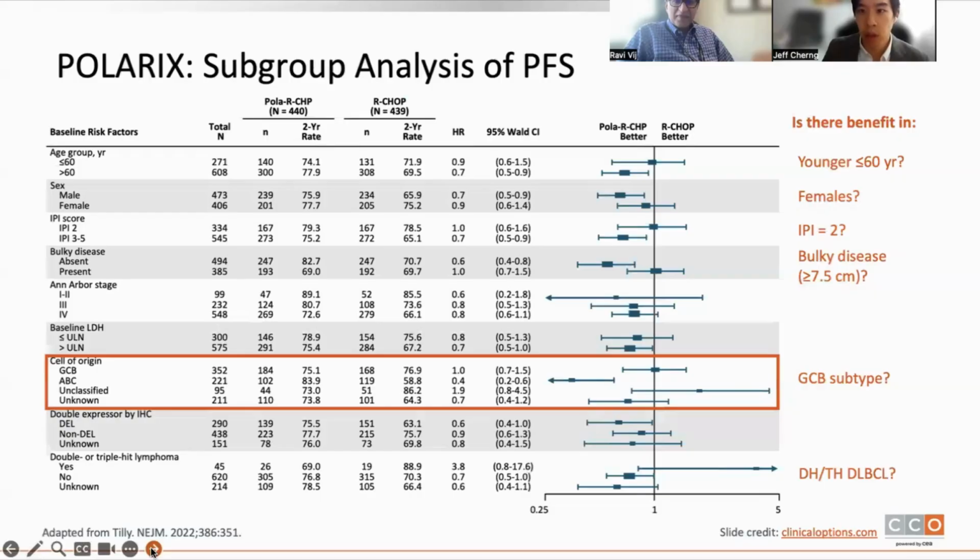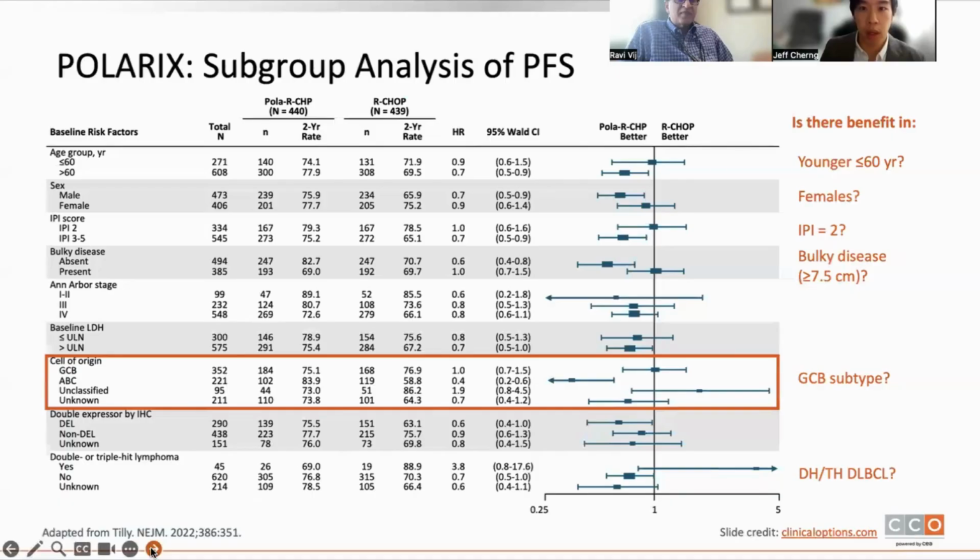Now, if we sort of go down here, there are some curiosities. Male patients, maybe older than 60, maybe benefited a little bit more. Biologically, it's not clear what exactly that means, and there are certainly hazards in doing multiple subgroup analyses that aren't powered, that you'll sort of tease some things out that aren't sort of clinically or biologically meaningful.